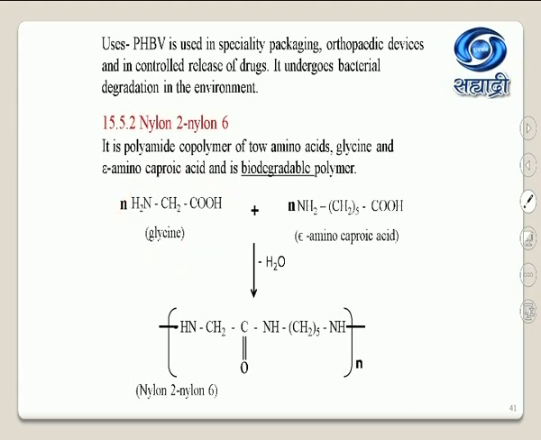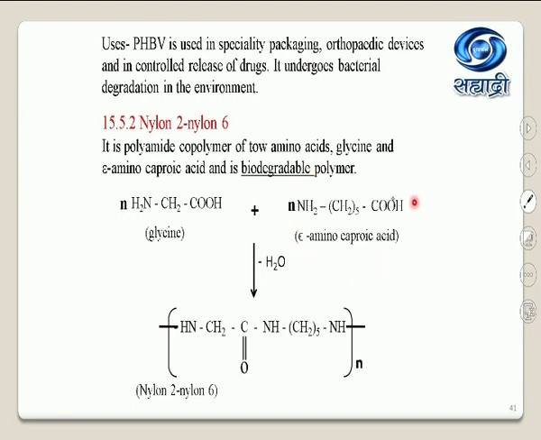Alpha amino means this is the carboxylic group and the next carbon to the carboxylic group is known as the alpha carbon, and on this alpha carbon there is one NH2 group and therefore it is known as an alpha amino acid. So which alpha amino acid is it? Glycine, correct? So it is one of the monomers of nylon 2-nylon 6.